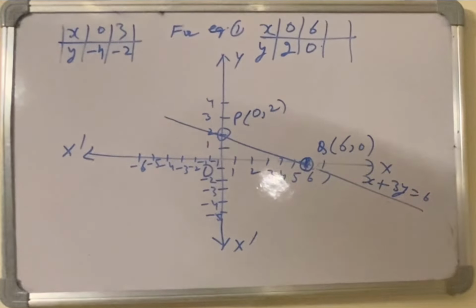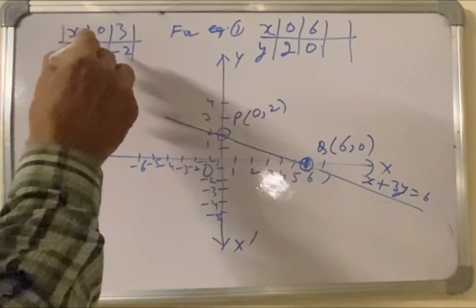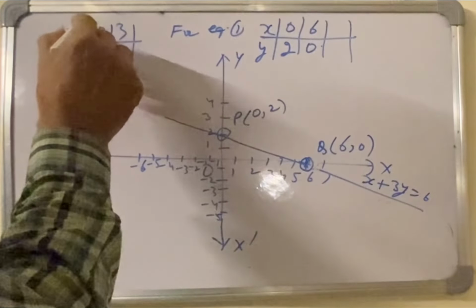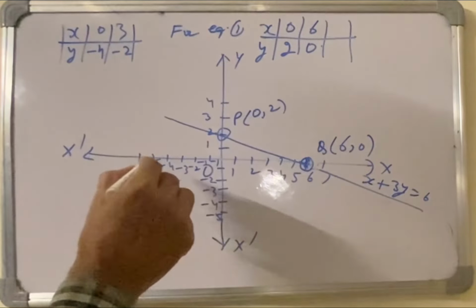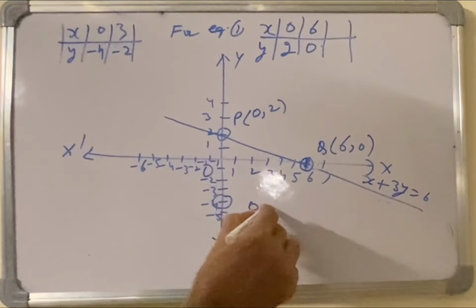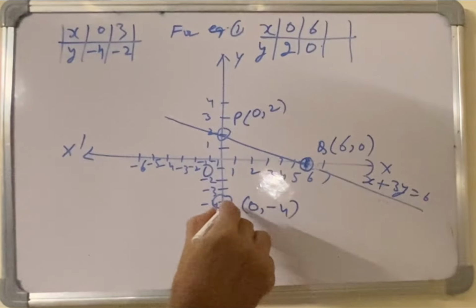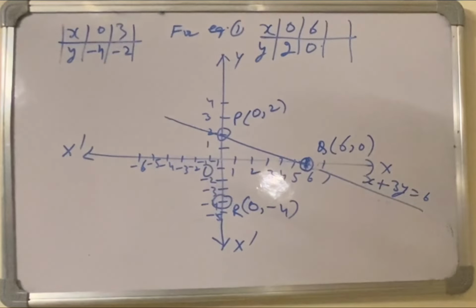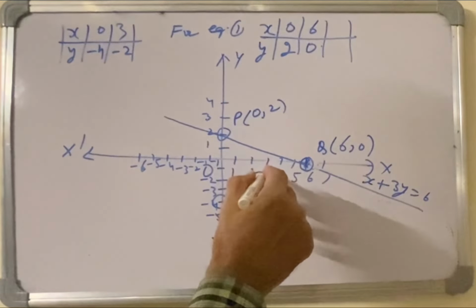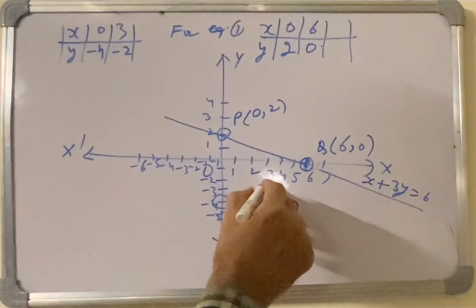Then we draw another equation. First point is x0, y minus 4 is this one. 0 minus 4. This is R. And then x3, y minus 2 is this one.